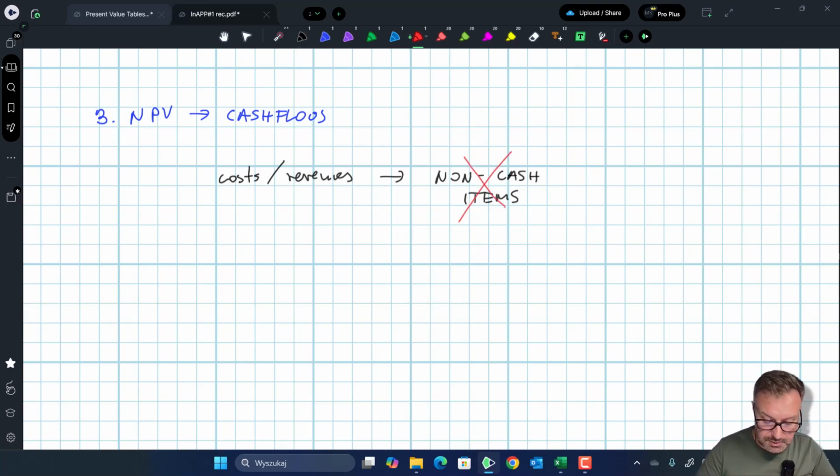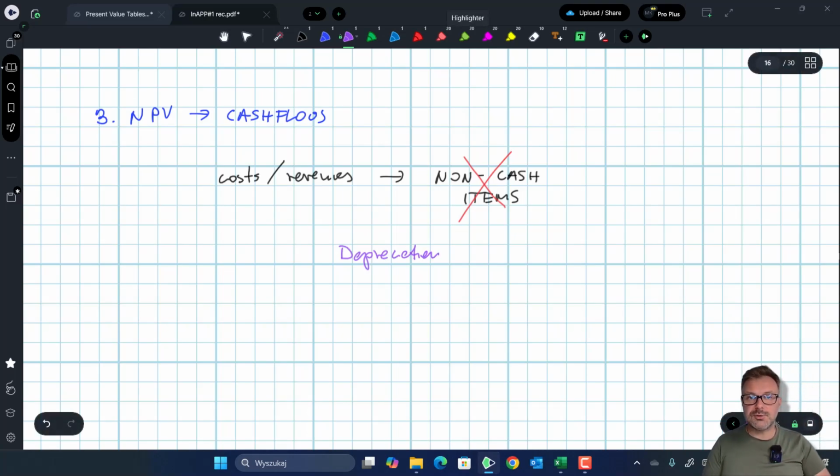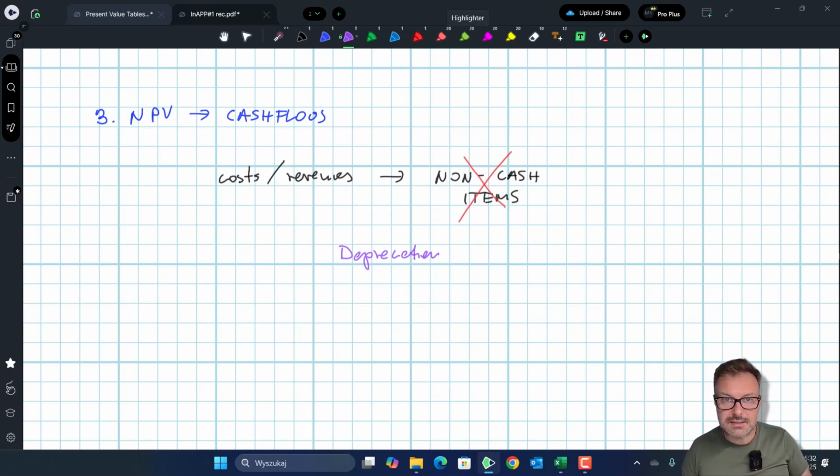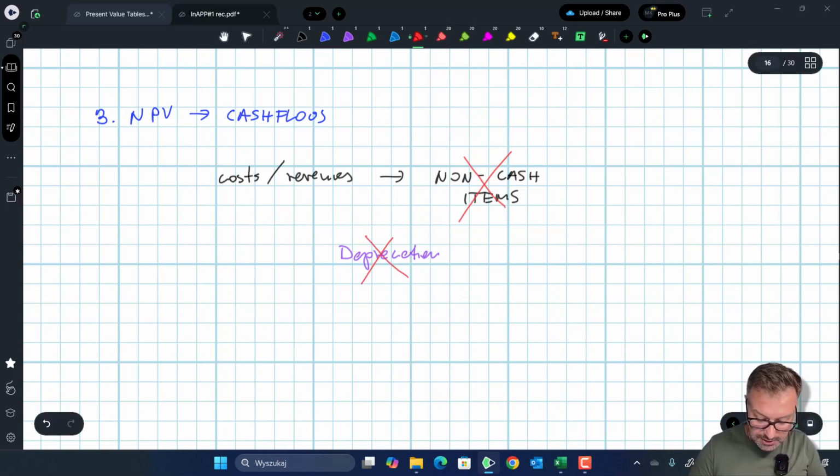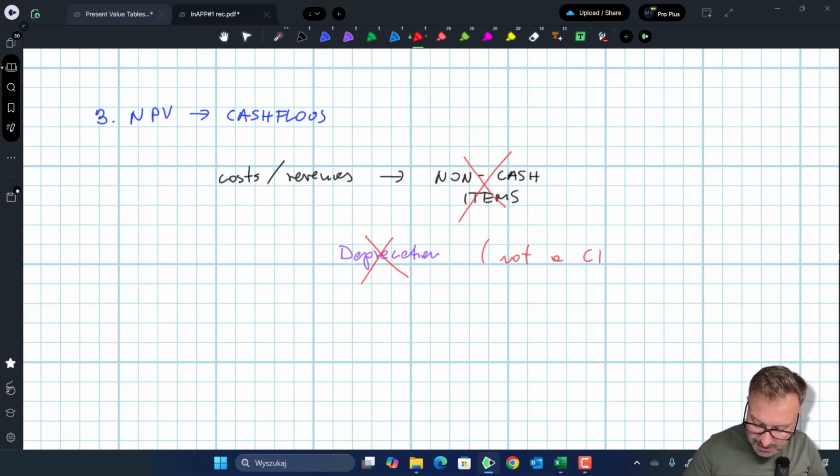The most often used example of such a non-cash expense would of course be depreciation. I believe it's absolutely clear to all of you after the exercises that we made about the accounting rate of return and the payback period, the depreciation is not included in the NPV, just because it is not a cash flow, right?